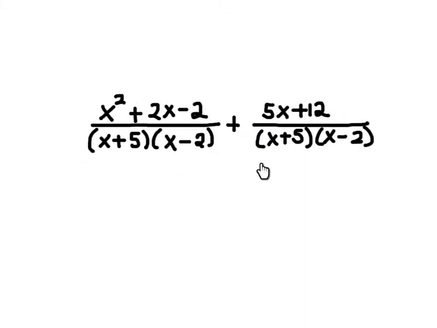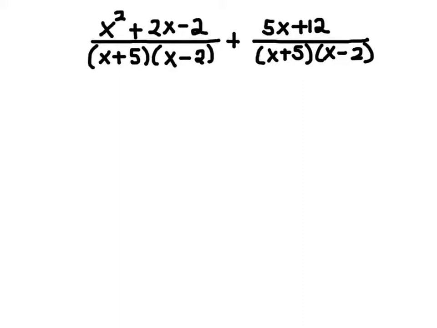Here's another example. Notice there is a common denominator, x plus 5 times x minus 2. They both have the same denominator. So right away, let's move this up a little bit. There we go.